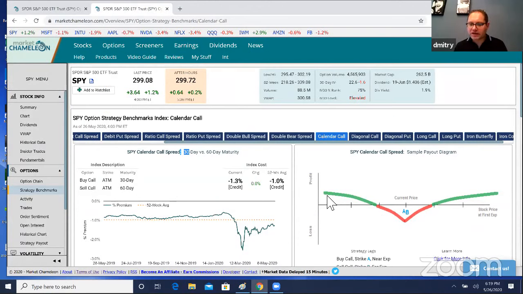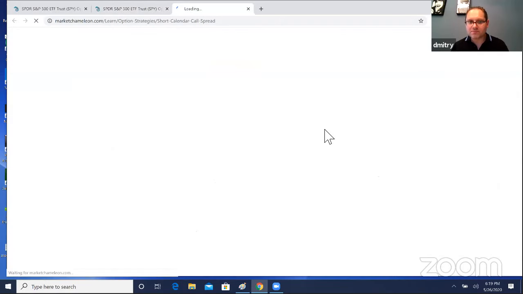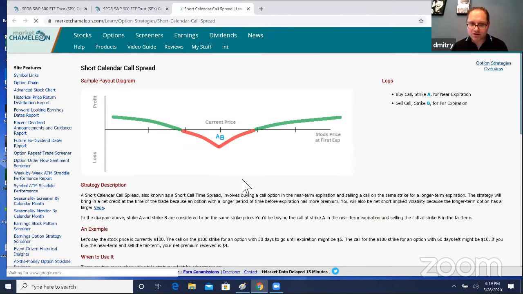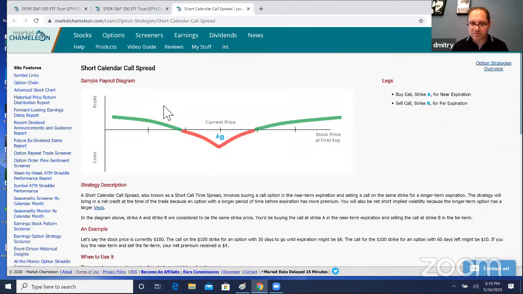Also, people have been asking a lot about option strategies and payoff diagrams. So next to each of these strategies, if you click here, it'll take you to another page which explains in more detail the strategy, the legs, the payouts at expiration, and when you would want to use them.